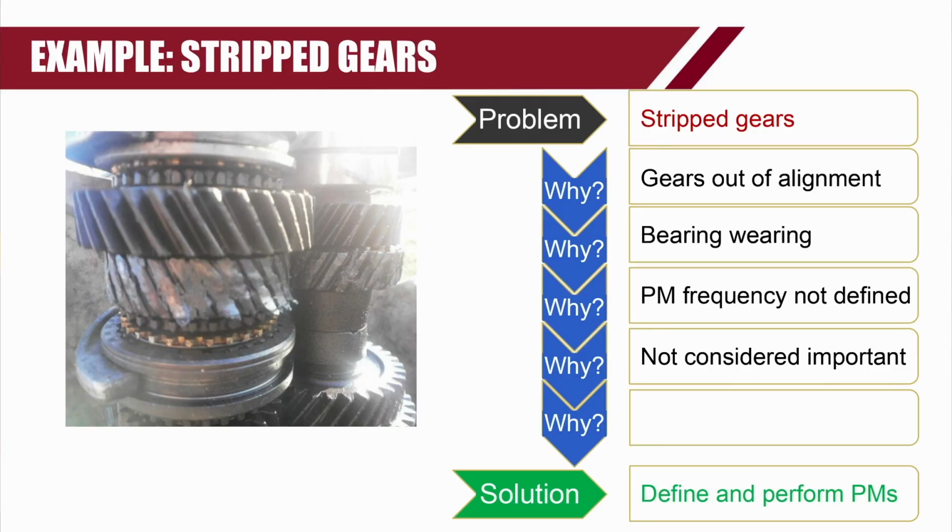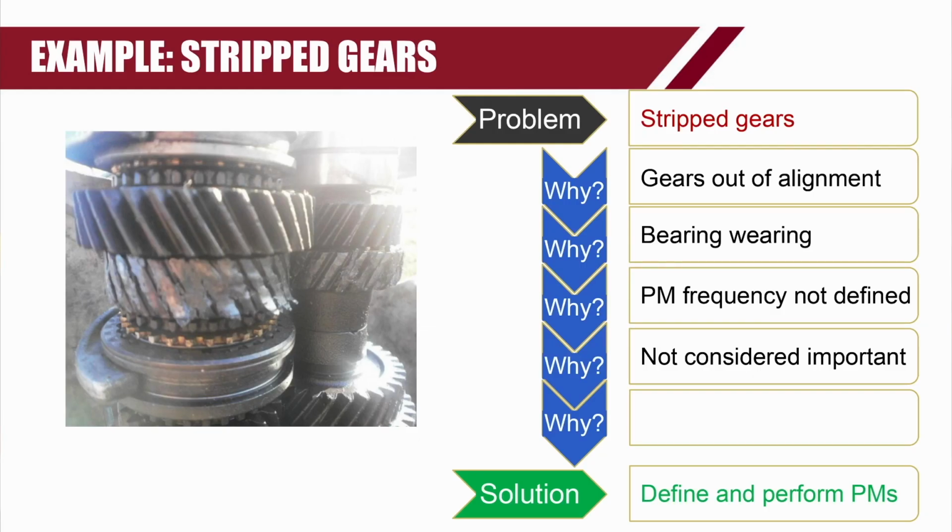And we don't want to just jump to the conclusion of replacing those stripped gears with new gears. Because if we do that, it's very likely, without understanding the causes for those stripped gears, that the gears will strip again in the future. So instead, we want to utilize the 5 why process to understand the causes for those stripped gears.